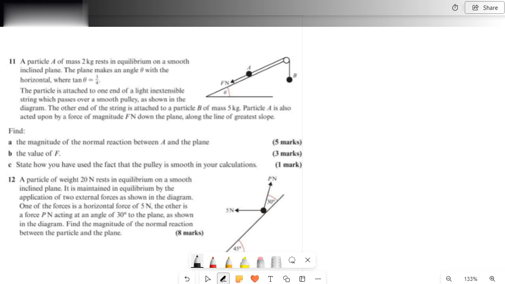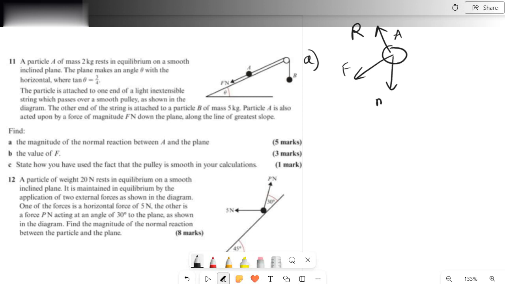the greatest slope. For part A, we have to find the magnitude of the normal reaction force between A and the plane. So let us draw the diagram for this. If this is A, we have a force F newtons towards the slope, and perpendicular to the slope we have the normal reaction force.